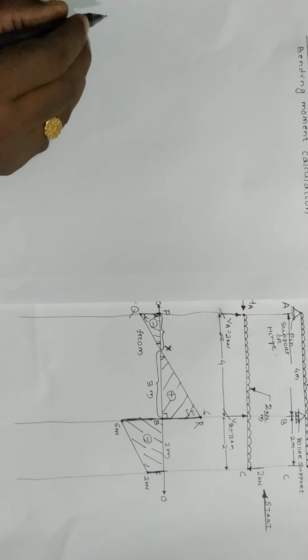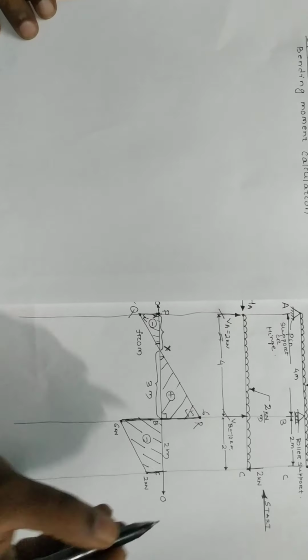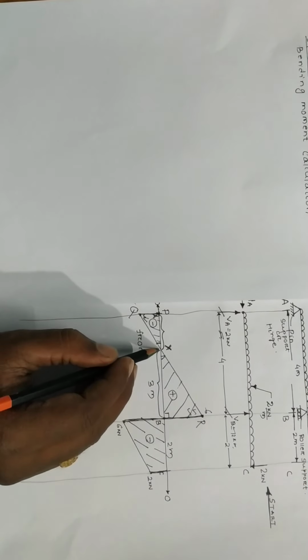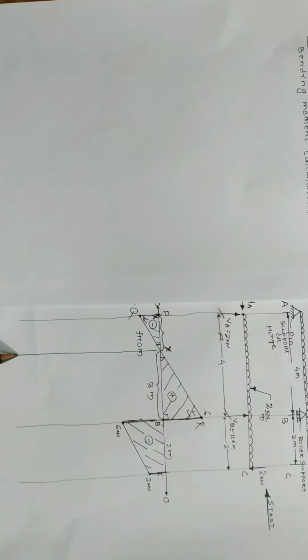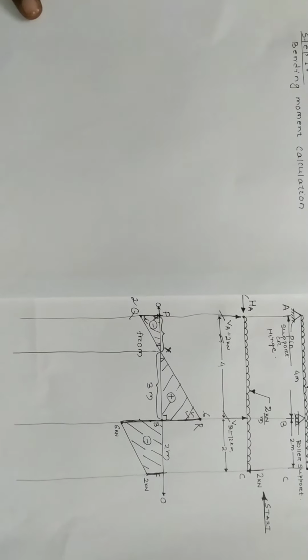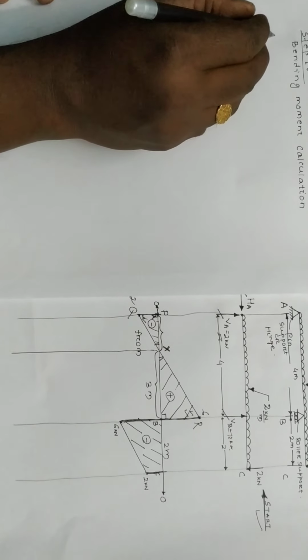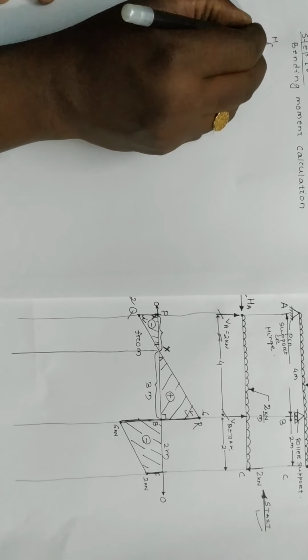Okay, so bending moment. As a new point is coming, here also we will calculate the bending moment. New point is coming, so another straight line. So again we will commence from the same thing, from this right hand side. So bending moment at C.